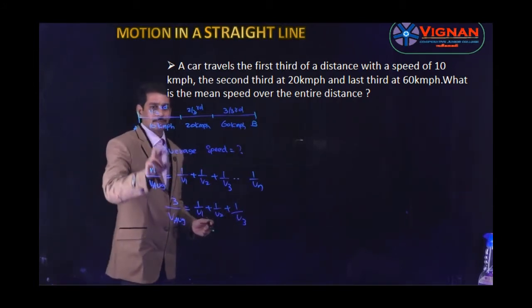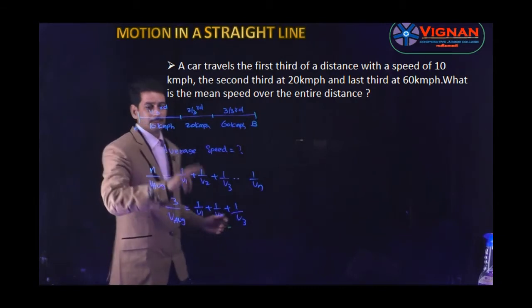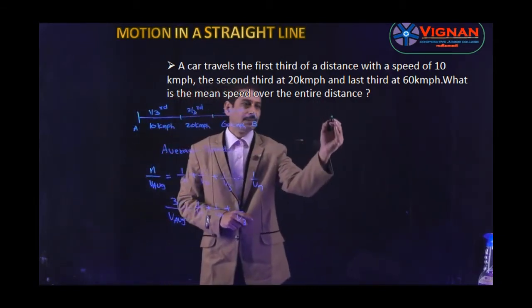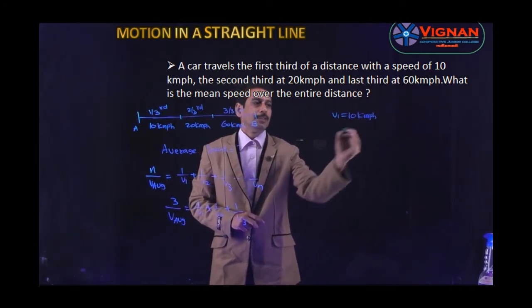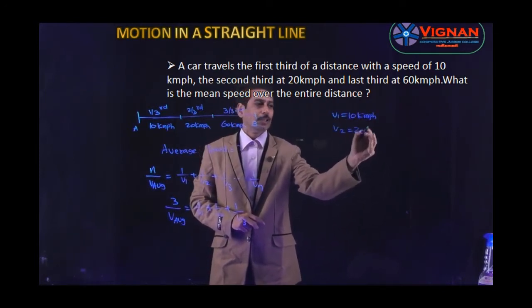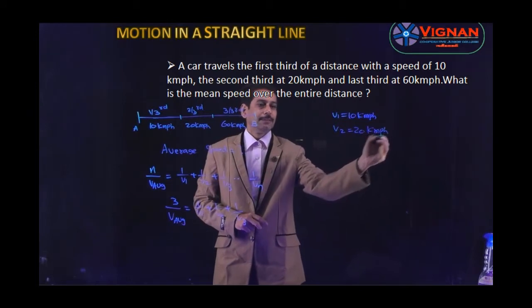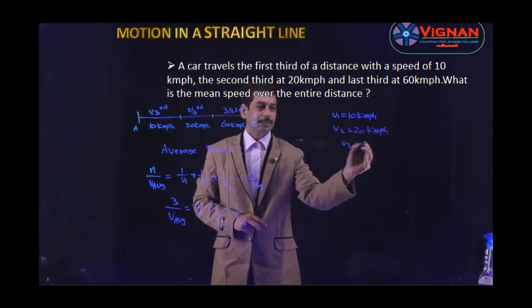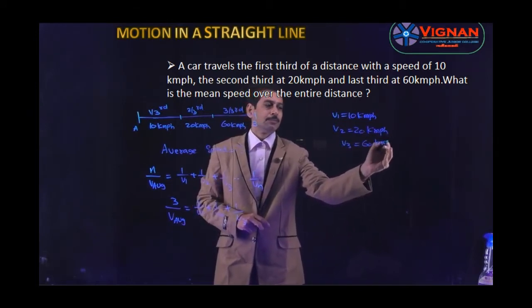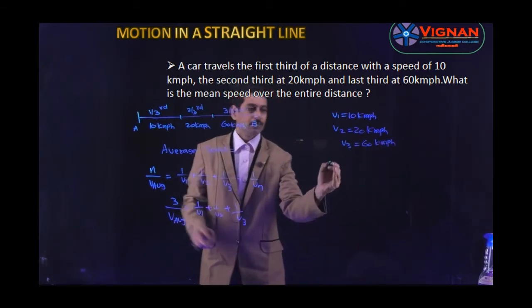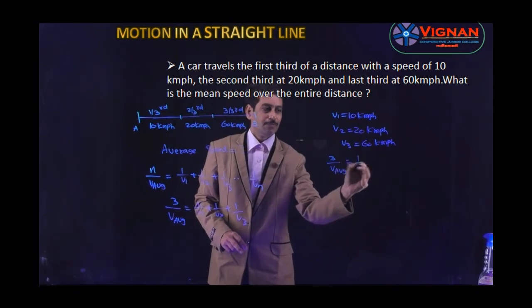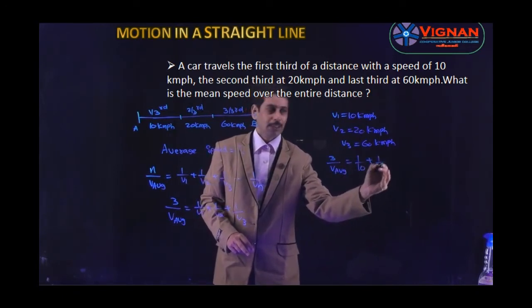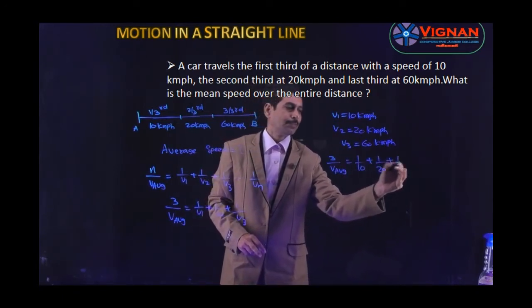So here v1 is nothing but 10 km per hour, v2 is 20 km per hour, and v3 is 60 km per hour. So we get 3 by v average is equal to 1 by 10 plus 1 by 20 plus 1 by 60.